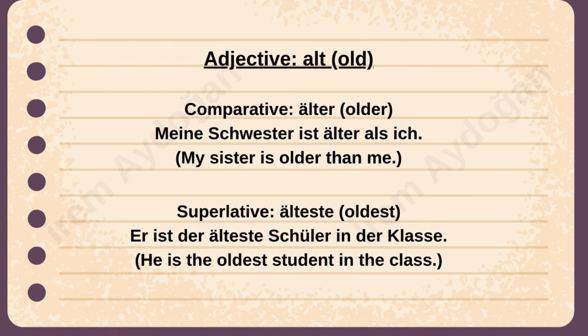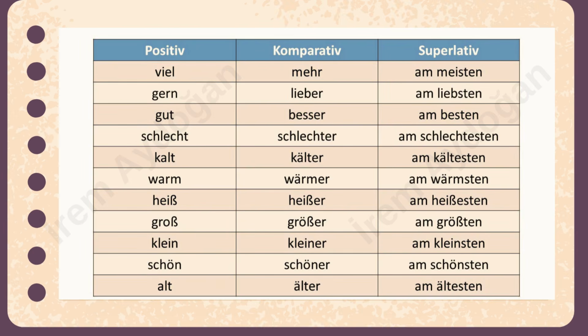And we have some changes in adjectives, comparative and superlative forms like viel, mehr, am meisten, gern, lieber, am liebsten, gut, besser, am besten, schlecht, schlechter, am schlechtesten, kalt, kälter, am kältesten, warm, wärmer, am wärmsten, heiß, heißer, am heißesten, groß, größer, am größten, klein, kleiner, am kleinsten, schön, schöner, am schönsten, alt, älter, am ältesten.